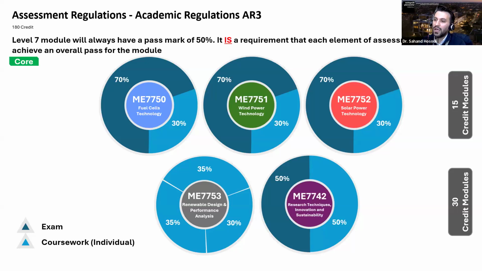Then 7753 involves using the softwares: designing a wind farm, designing a solar system, and designing a PEM fuel cell. 7742 looks more at the research side of the activities, innovation, and entrepreneurship.